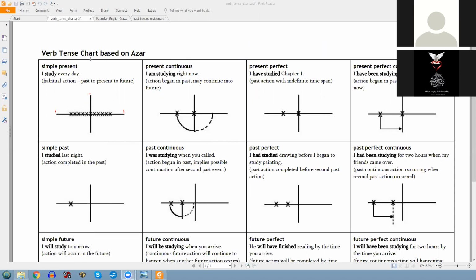Now what I want to know from you is, what do we use it for? So does anybody want to come in? I'll turn your microphone on. For this to work, I need this to be as interactive as possible. So does somebody want to tell me what we use the present simple for?